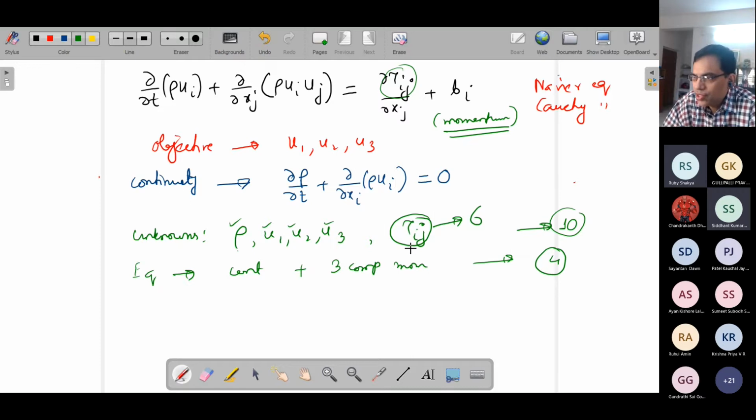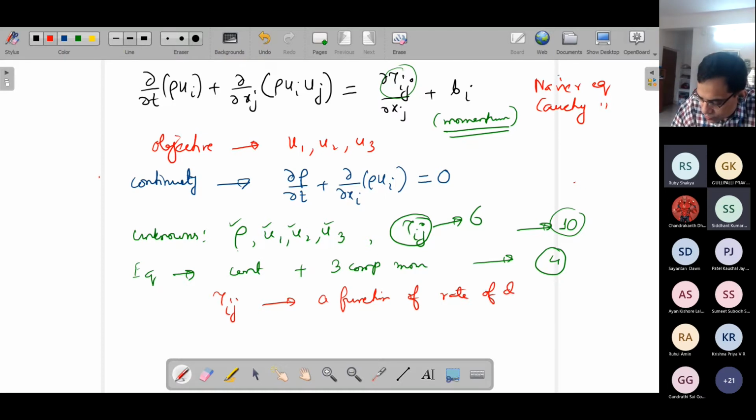That means tau ij's, which are the so-called stress, should be a function of what? Rate of deformation. So this is very, very important, because for a typical solid, you have tau ij as a function of deformation, but not rate of deformation.